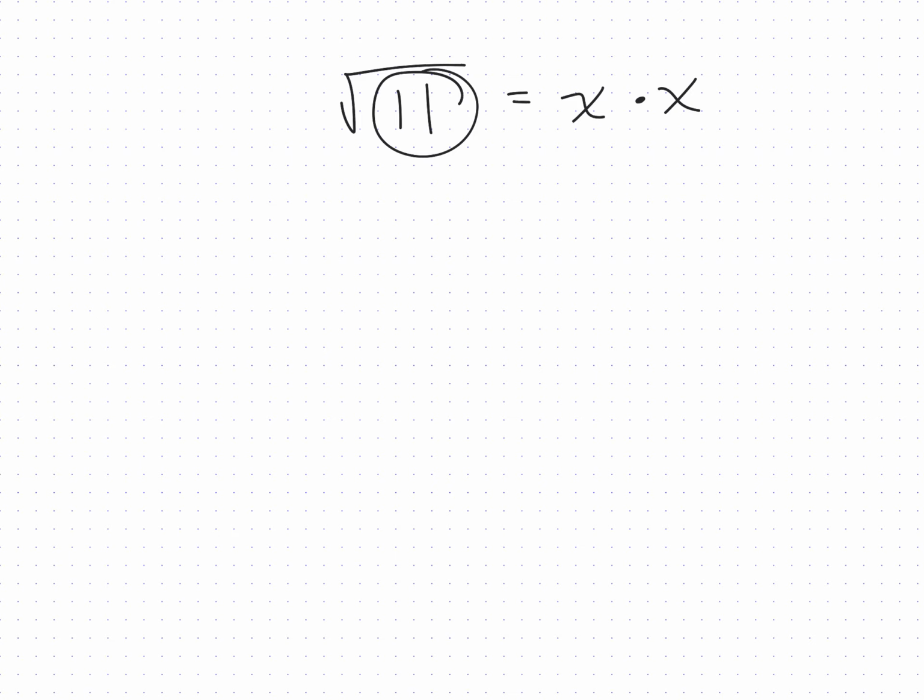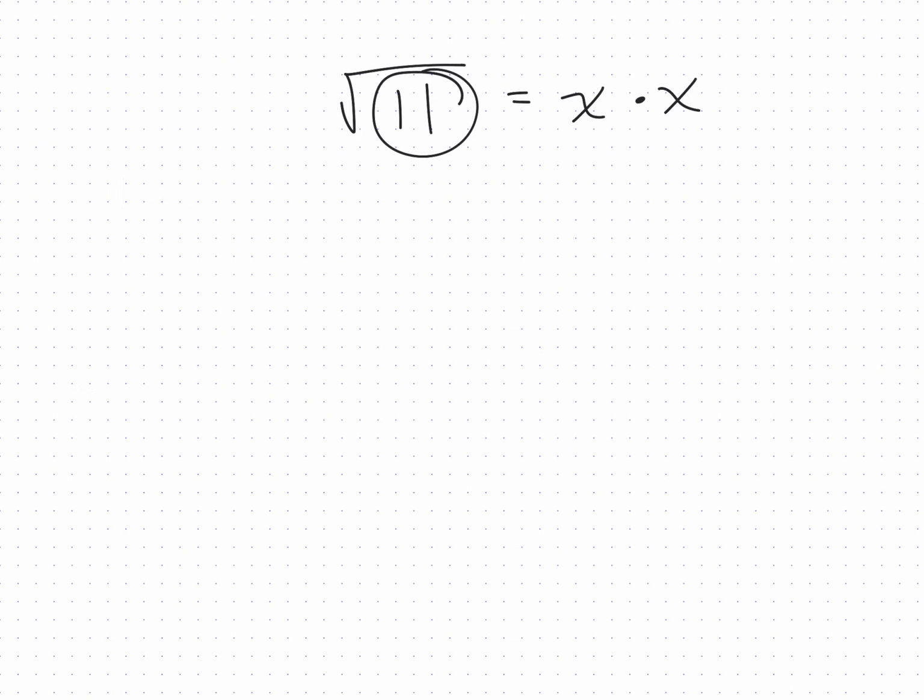For example, the first several perfect squares are 1, because 1 times 1 is 1, 4, because 2 times 2 is 4, and then 9, 16, 25, 36, 49, and so on and so forth. The more capable you are of identifying those quickly, the faster you're going to be at this process.